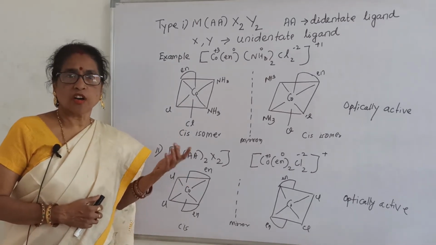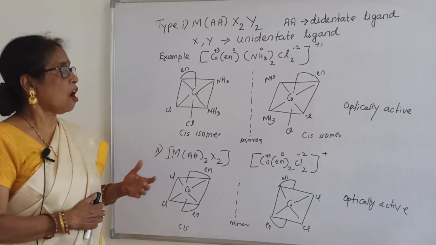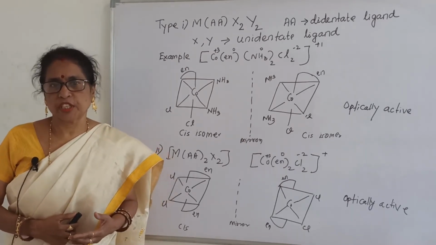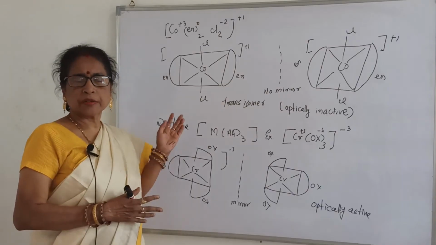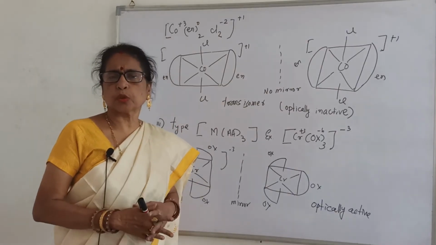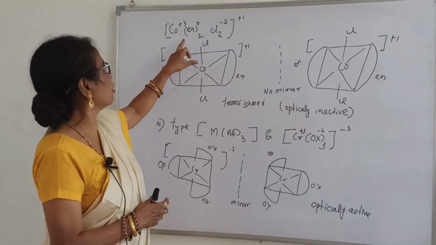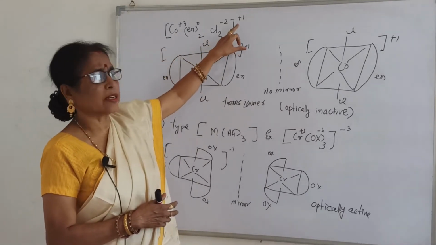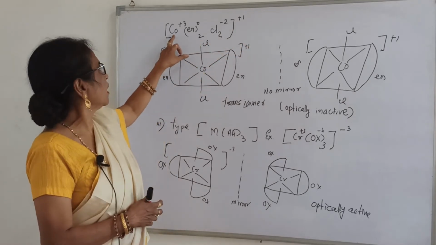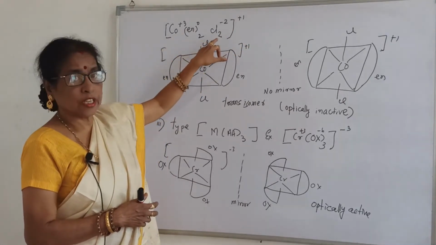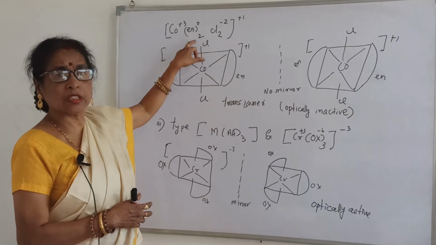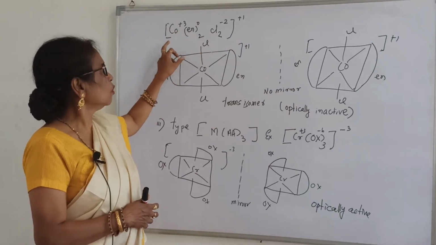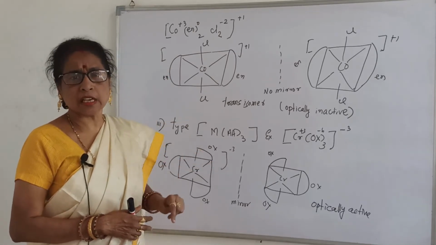Again we will see other examples of octahedral complexes which show optical isomerism. Now you have seen the cis isomer which is optically active, of the compound [Co(en)2Cl2]+, that means dichlorido bis(ethane-1,2-diamine)cobalt(III) ion, which shows cis isomer and trans isomer.